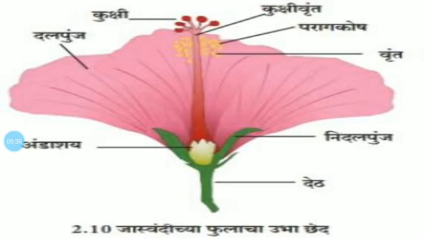Okay, next, androecium. This is the male reproductive part of the flower. It consists of stamens. Okay, each stamen is made up of anther and filament. See, there is a stamen that is made by anther and filament.